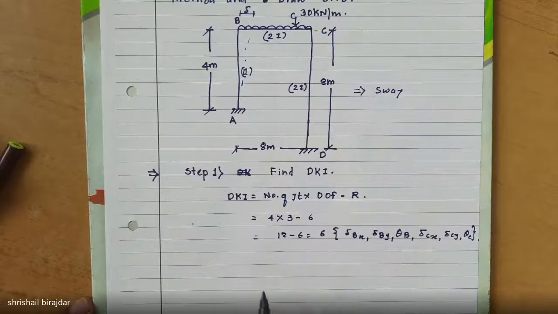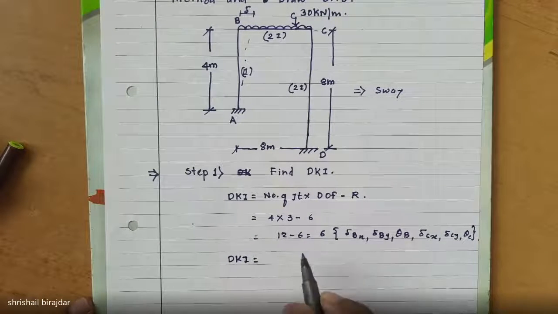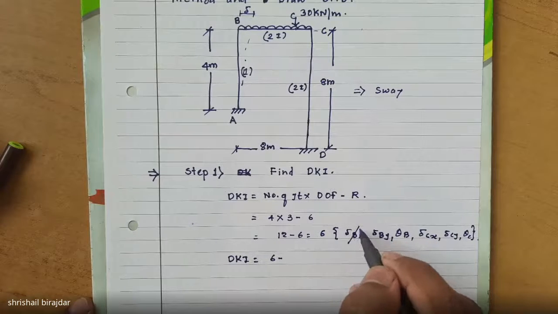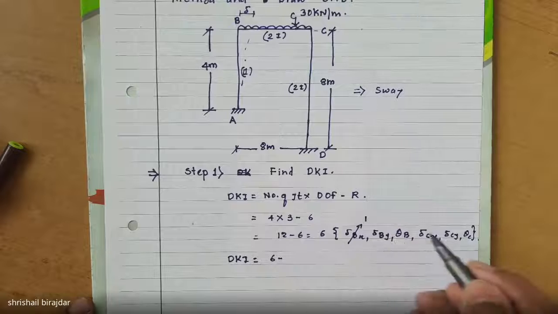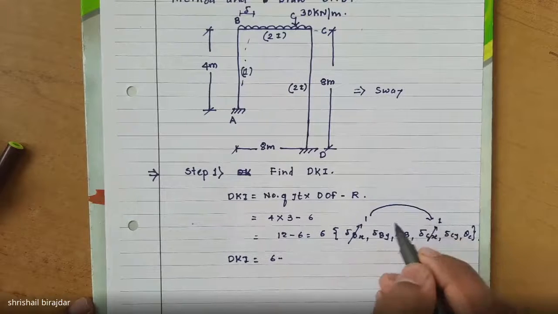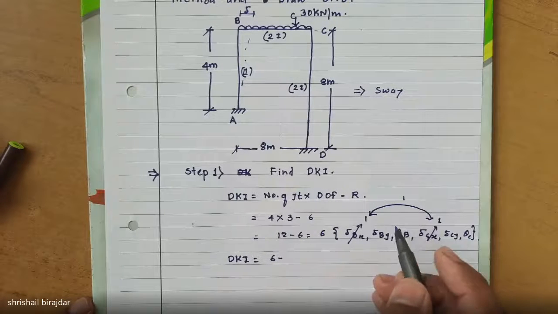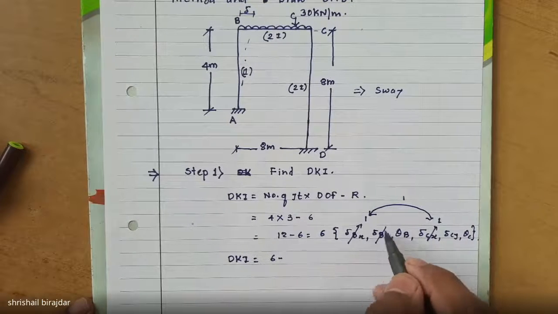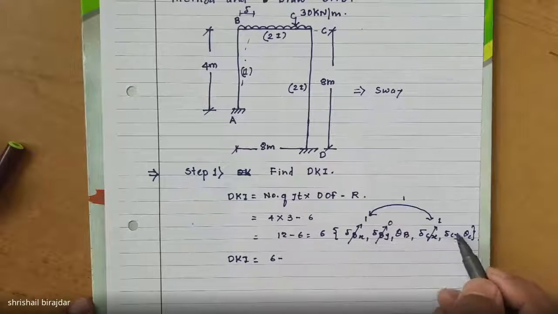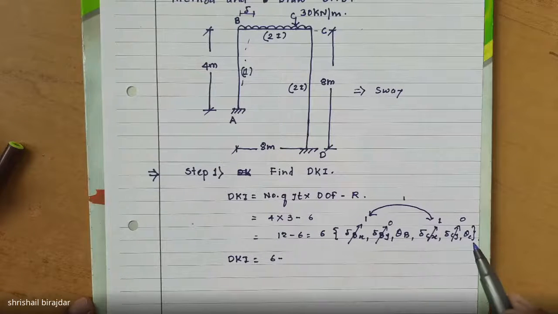So here DKI works out to be how much? 6 minus 3, because this phenomenon and this phenomenon are one and the same, so considering this as one constant. Just now I told you vertical deflection will not be considered here, so this is 0. Vertical deflection at C is not considered, therefore it is also 0.